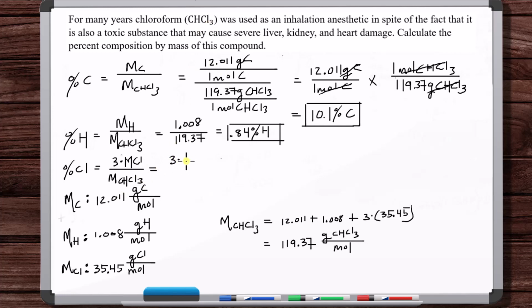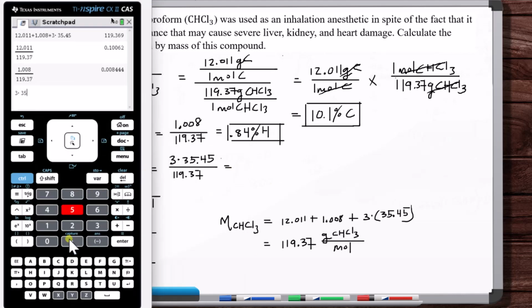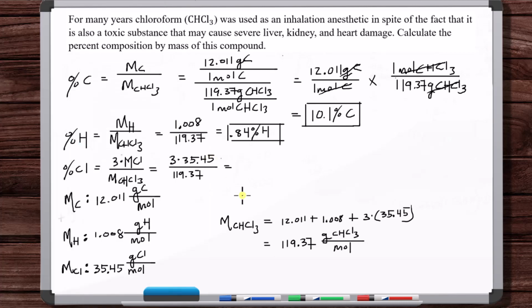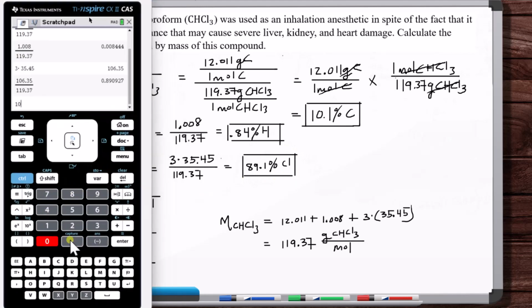So that gives 89.1. Okay, and then just to show you, 10.1 plus 0.84 plus 89.1 is approximately 100.